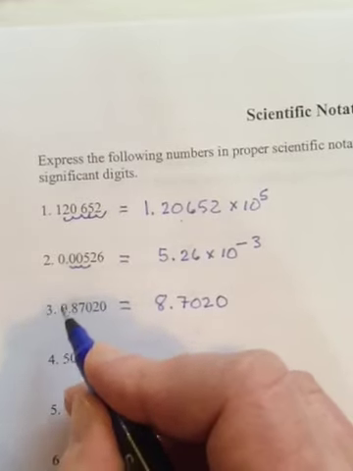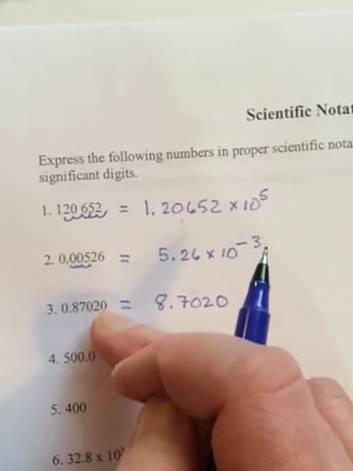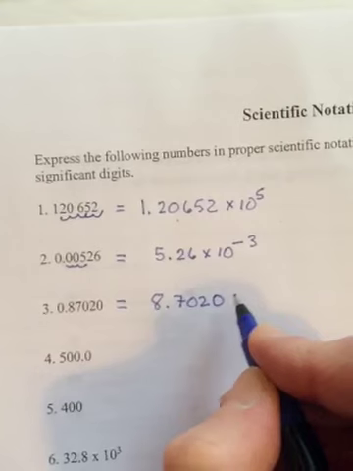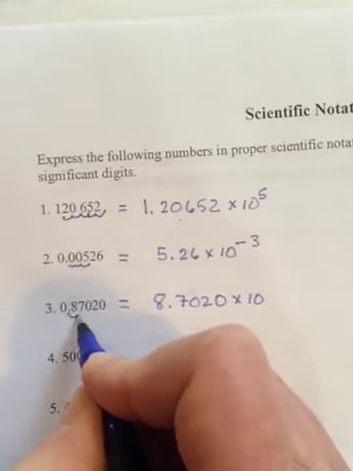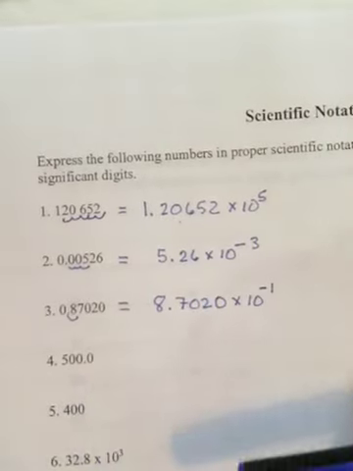It's the other way around. A leading 0 does not count in front of a decimal, but a 0 after the decimal does. And so that 0 stays, and then it goes times 10 to the, how many spots did we move it? Just 1, but in the negative direction, so -1.